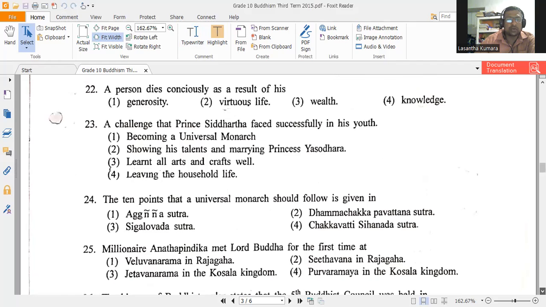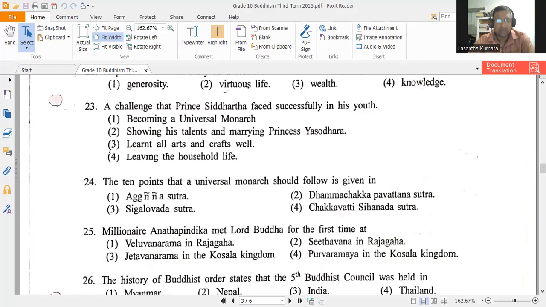Okay. 24th question. The 10 points that a universal monarch should follow is given in which sutra? You know what a universal monarch is, Chakravarti Raja. I think the answer is very familiar. If you look at the sutras given here, definitely the Chakravarti Sihanada Sutra.